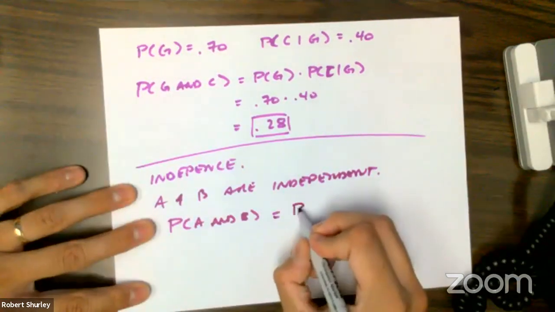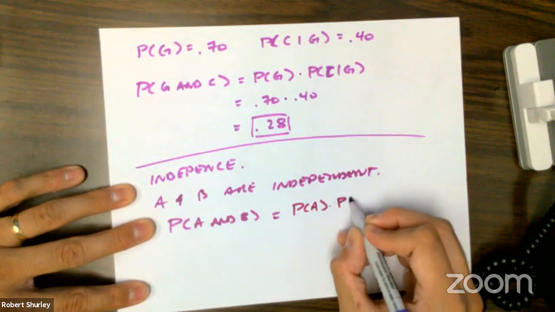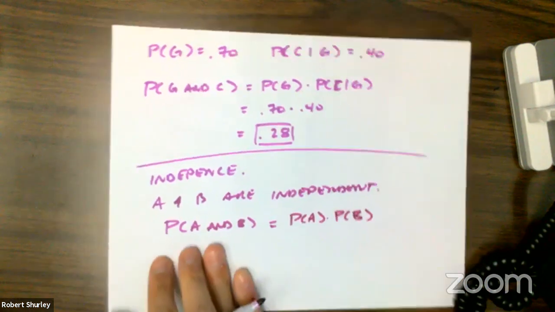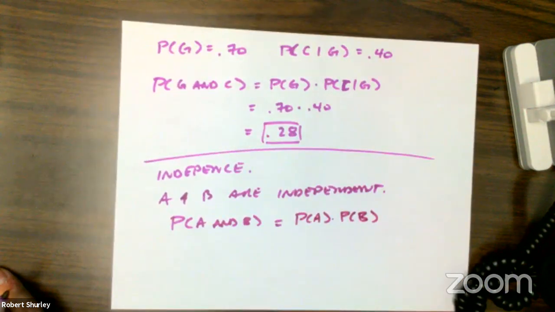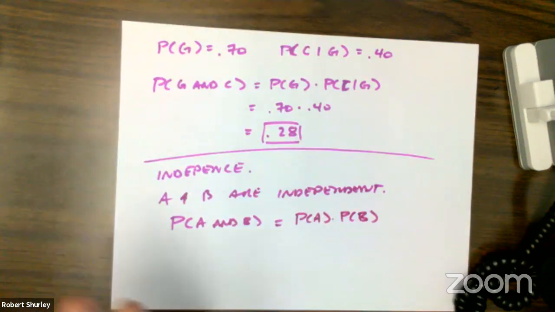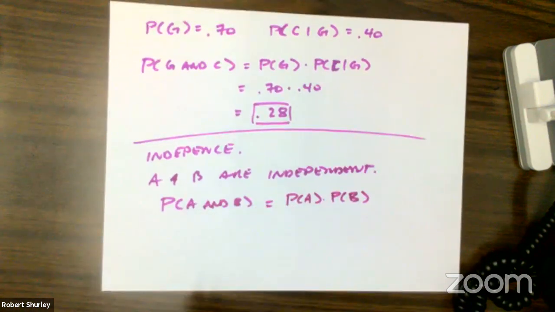It's just the probability of A times the probability of B, okay? Because there's no chance of the first one having an effect on the second one.